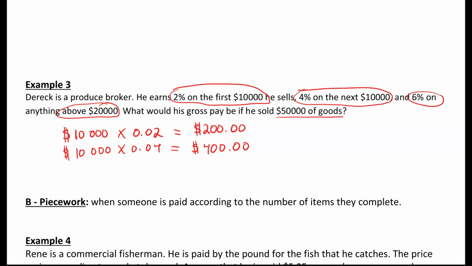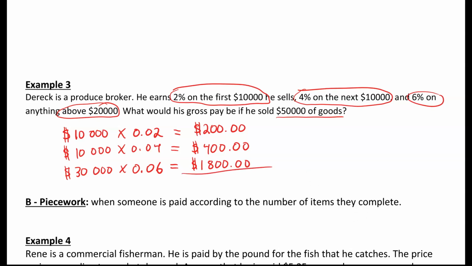Now it says 6% on anything above $20,000. So he's made a sale total of $50,000, which means we have still $30,000 remaining that will earn 6%. 30,000 multiplied by 0.06 works out to be $1,800.